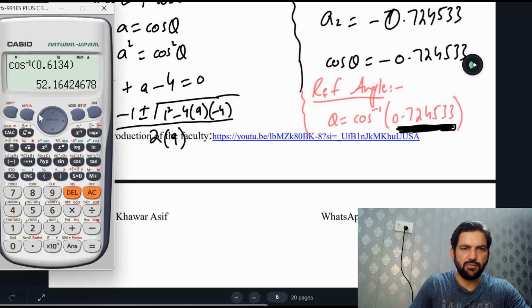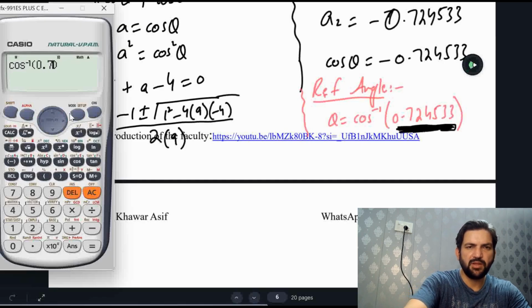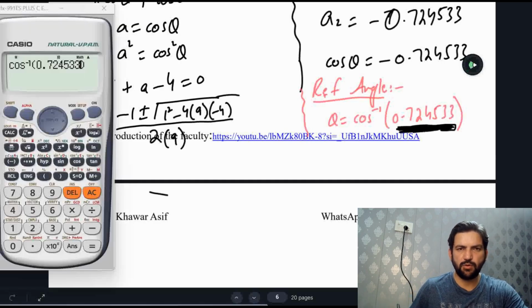So the reference angle will be cos inverse of 0.724533. This will be equal to 43.569987.